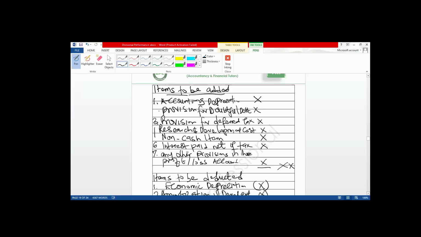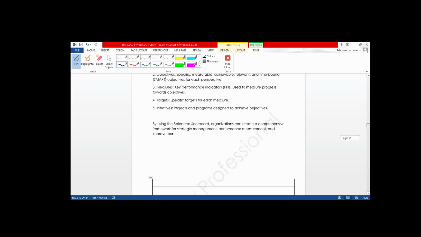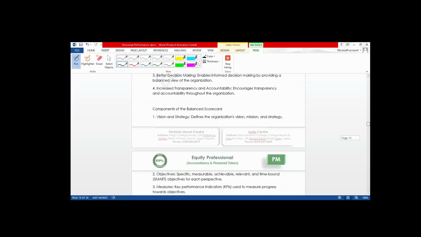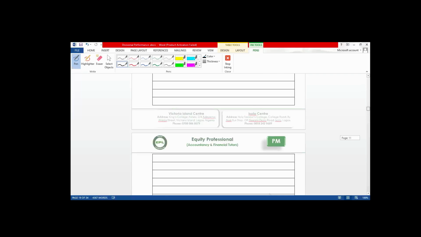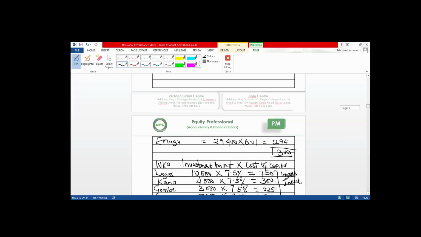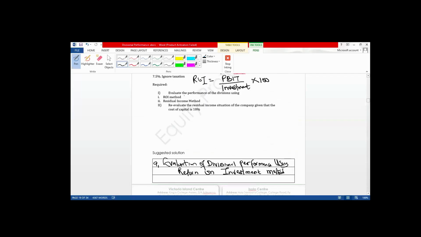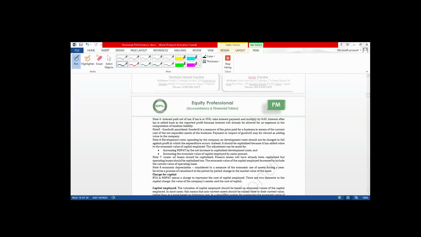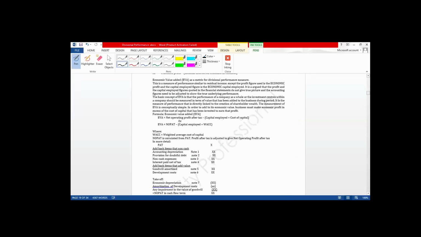So what I'm trying to say is, if you look at the adjustments, it is like 83. When EVA was introduced, he has a lot of adjustments.